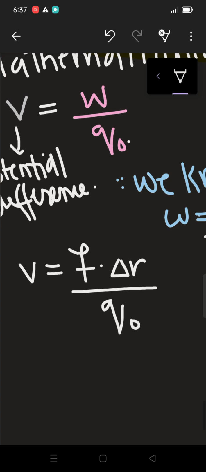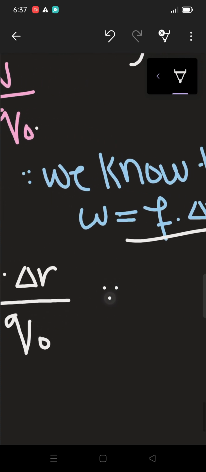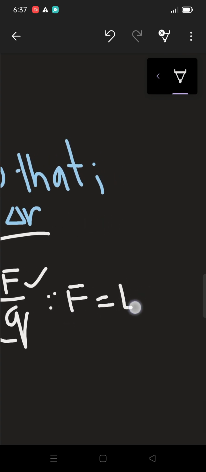Now what is force equal to? We have already studied the electric field. That was equal to force per unit charge, and I want the value of force. So charge is dividing there, and when we move it across we multiply. So F would be equal to EQ.